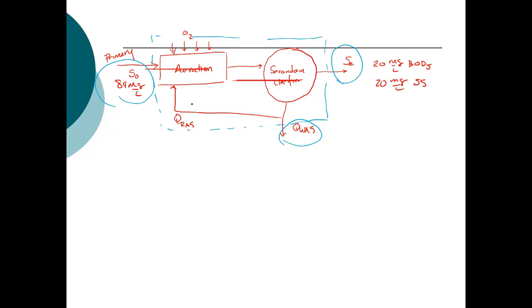Notice our return activated sludge flow rate is within the system boundary. So when we initially look at that mass balance, we don't include that in the mass balance equation.